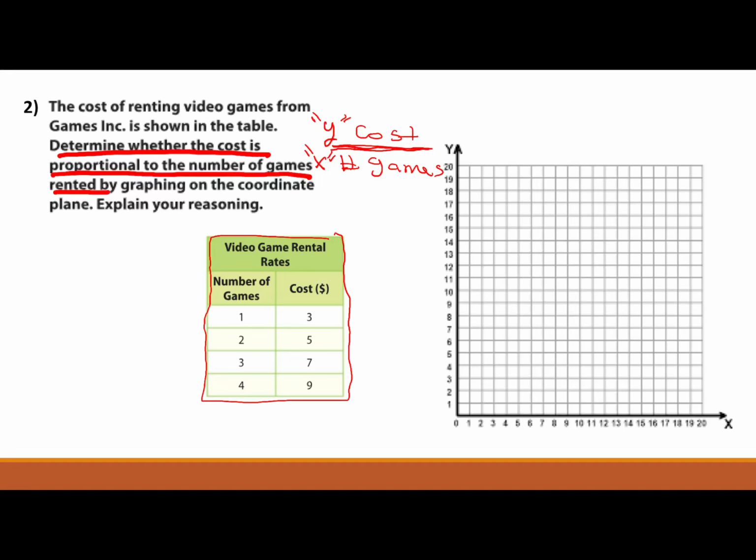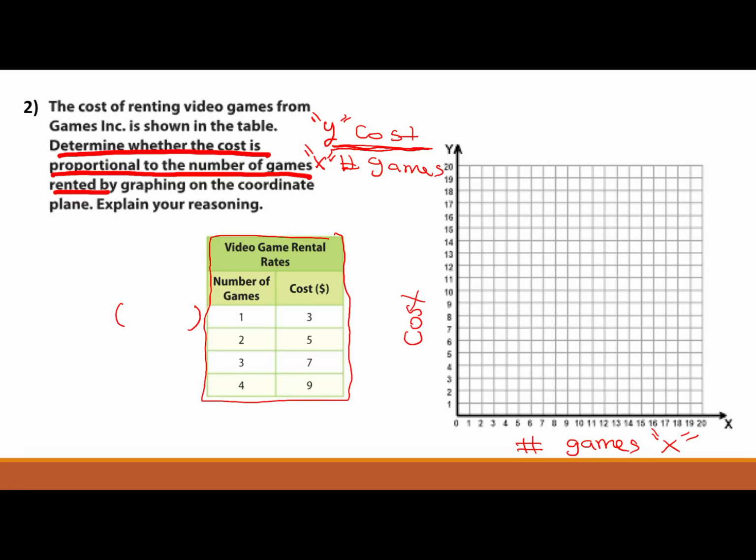So cost is your y. You get your information on your y-axis. And the number of games is the information on your x-axis. All right, so let's go ahead and write the ordered pairs.